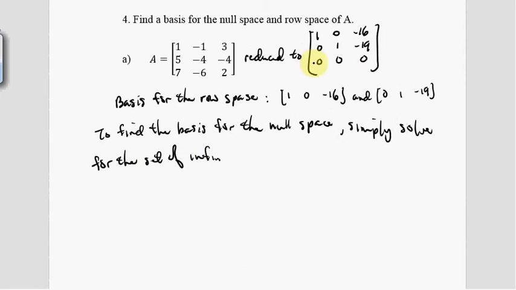Because, see there, I have that last row that's all zeros. That tells me that I have infinitely many solutions.